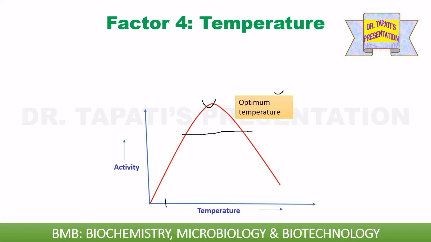Few enzymes are thermotolerant. They are very active at higher temperature. But few enzymes are also present which act at normal room temperature. We'll get this type of curve for each enzyme if you plot the activity versus temperature graph.